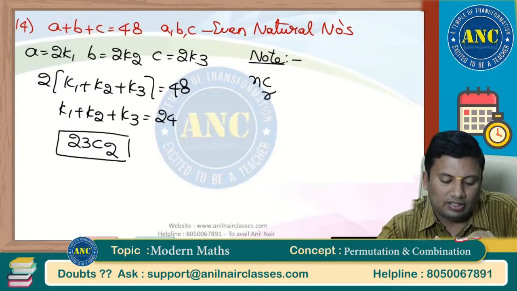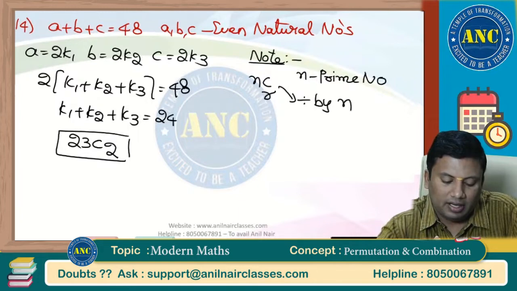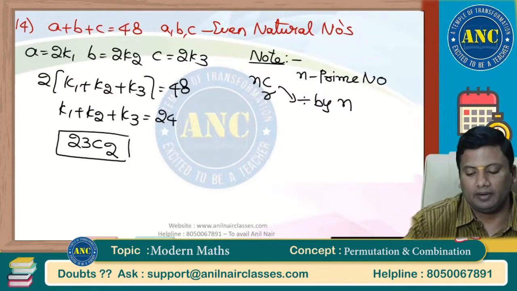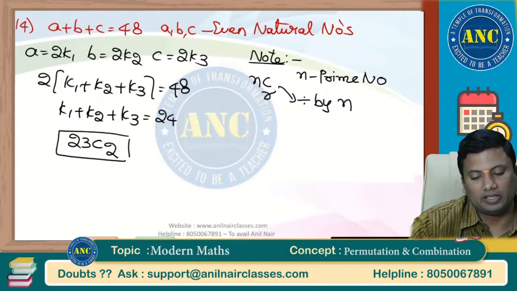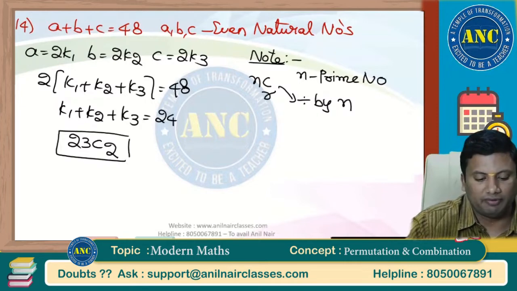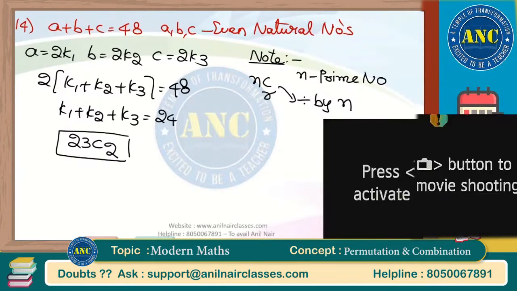NCR, if n is a prime number, the answer will be divisible by n. K1 plus K2 plus K3 is 48 by 2, 24. 24 means 23C2. 23 is a prime number, so the answer will be divisible by 23.